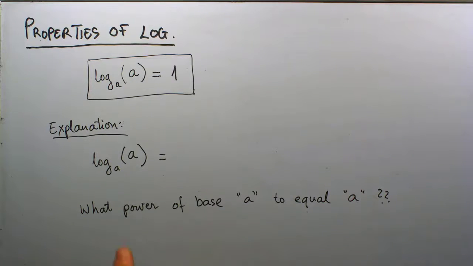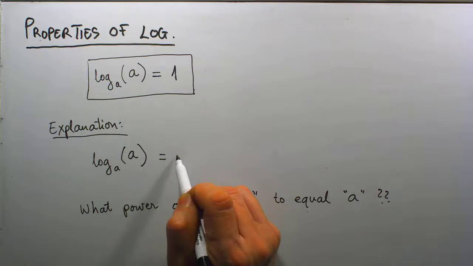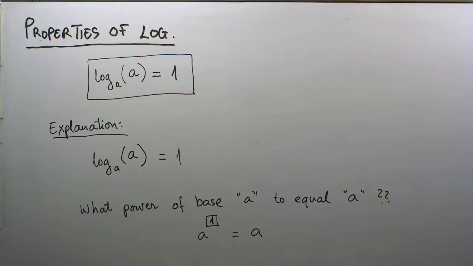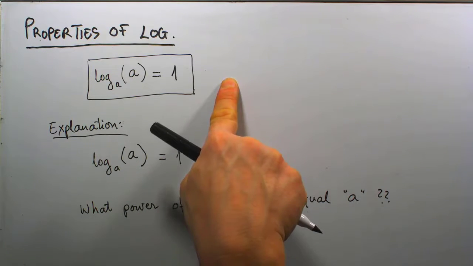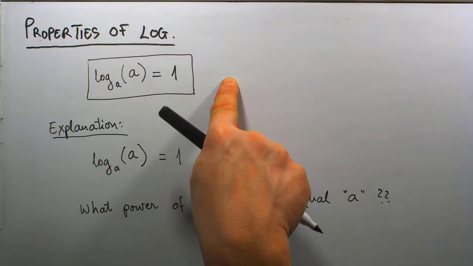Logarithm is: what power of base a equals a? Base a to what power can equal a? At this point, anyone viewing this lesson should be completely clear that power 1 is the only answer. And so the answer to this question is the answer to the logarithm. And that is the reason why we have that property arise, a reason right there.